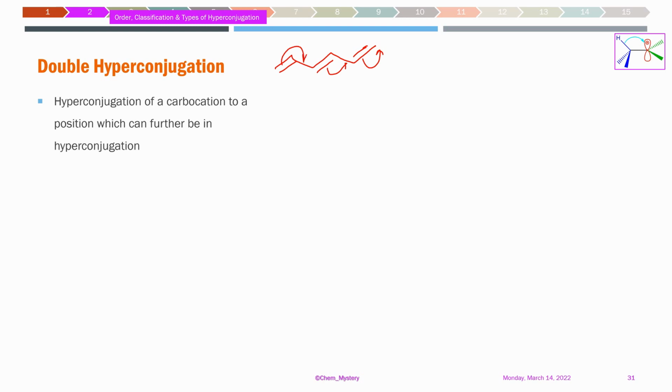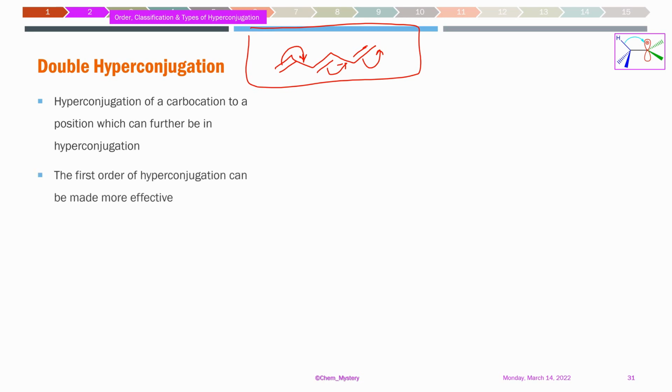This can be made possible if we are having relatively much better electron donor groups, and silicon is going to be our favorite choice. So what we have shown here was the first level of hyperconjugation possible, although we have been emphasizing in most of our examples that hyperconjugation is taking place from carbon-hydrogen bonds. That's not always true.